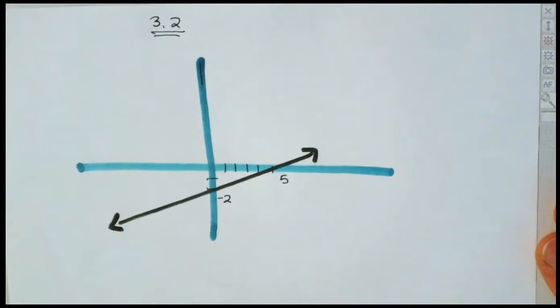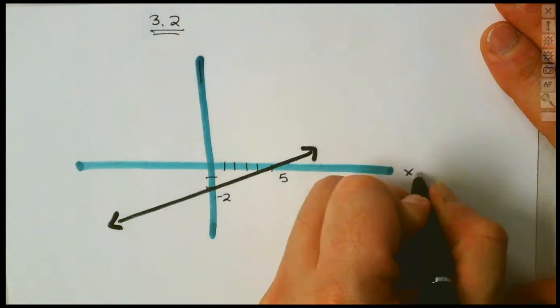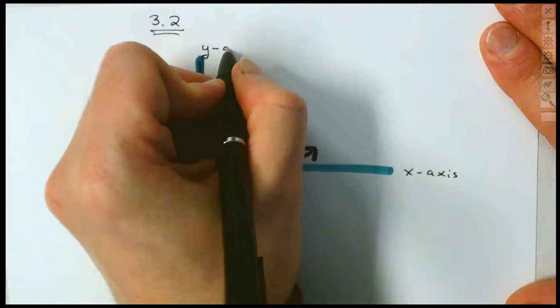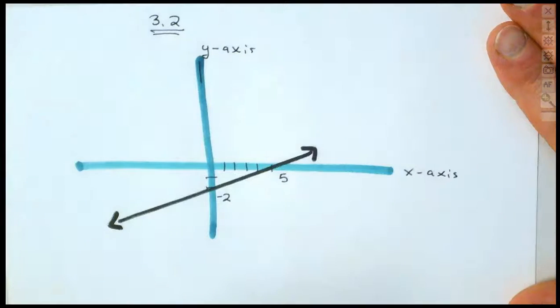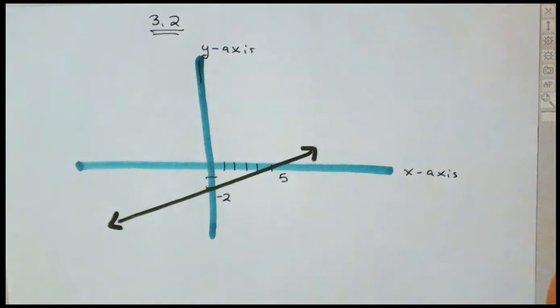Okay, so this section talks about intercepts. Now, the intercepts are where the line touches the axis. So this is our x-axis here, and this is our y-axis up here. This line touches the graph on the x-axis and also the y-axis.